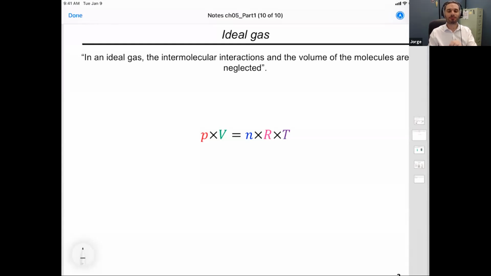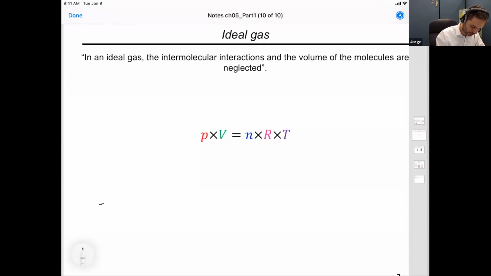The volume of the molecules is so small when compared to the flask that we can neglect it.